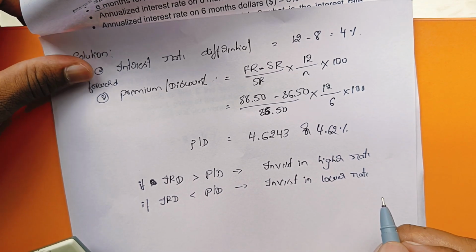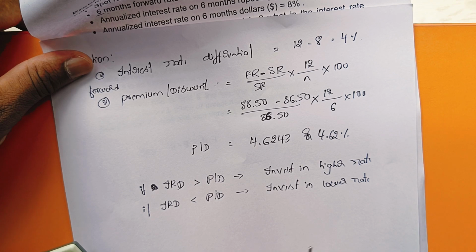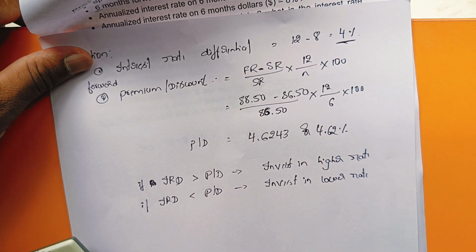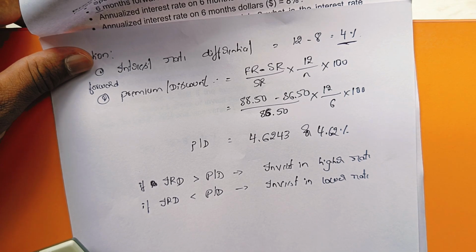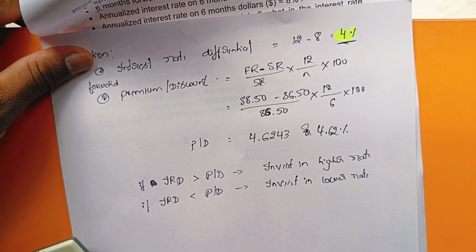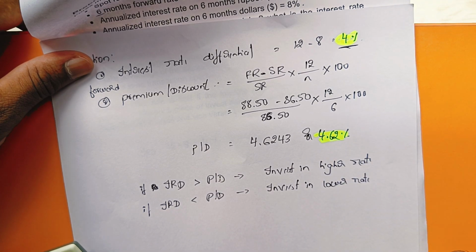If this is clear, then the entire problem will be very easy. Now the interest rate differential is 4% and the premium or discount is 4.62.